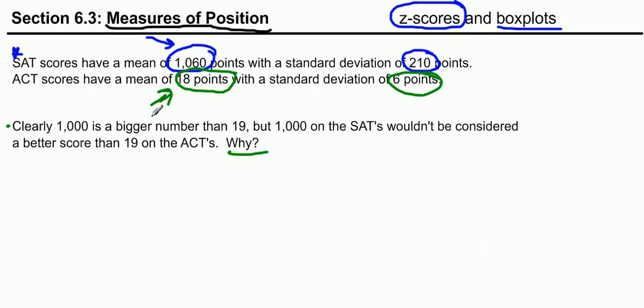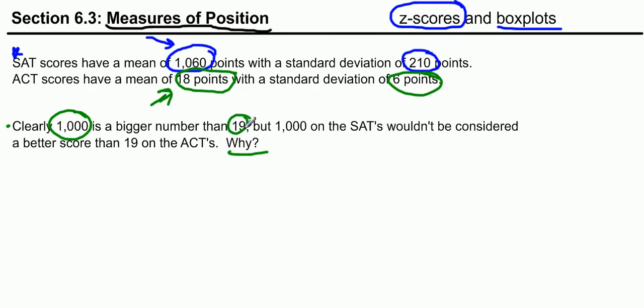Something like 1,000 is a lot bigger than 19, but that doesn't mean it's a better score. We're going to have to look at a measurement of position. We're going to have to talk about where the 1,000 puts you in relation to the other SAT scores versus where the 19 puts you in relation to the ACT scores.